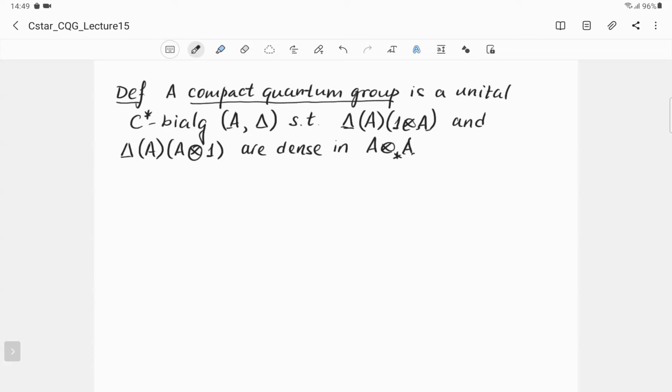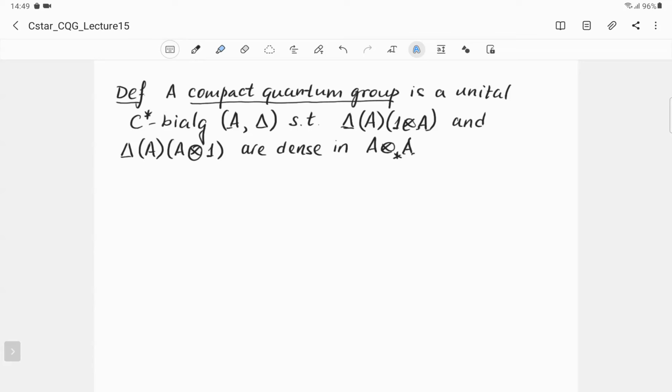Now, where do the density conditions come from? Again, in the commutative case, if A is the algebra of continuous functions on a compact semigroup G, these density conditions mean precisely that our semigroup G is a semigroup with cancellation. And we proved in the previous lecture that a compact semigroup with cancellation is actually a compact group.